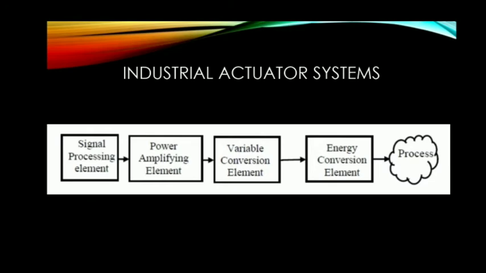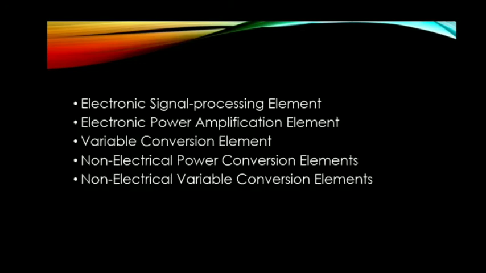The non-electrical power conversion elements are used to amplify power further, if necessary, typically using hydraulic or pneumatic mechanisms. The non-electrical variable conversion elements may be used further to transform the actuated variable in desired forms, often in several stages.